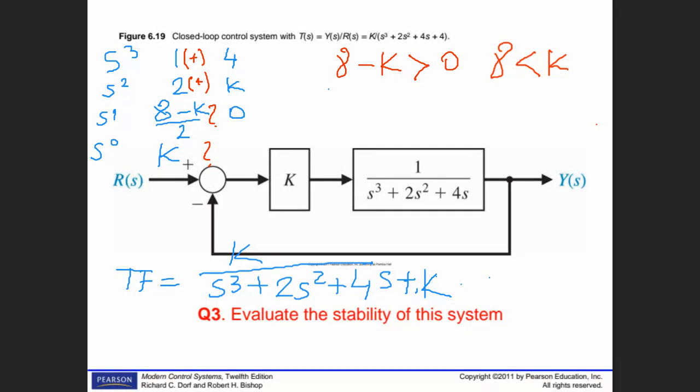Anyway, so I continue. K should be higher than 0. So the result: K should be smaller than 8, but should be higher than 0. That is the result. As a controller, now you are approaching a control problem.